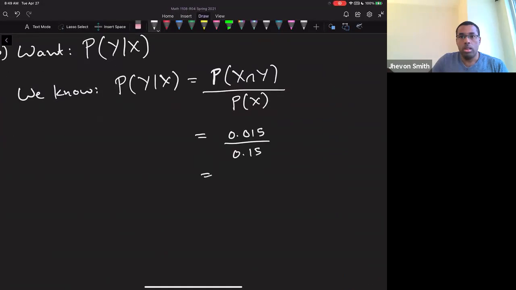So that's going to be what? Is that 0.1? Yeah, it's 0.1. So there's a 10% chance that if a student got an A in 1108, they will get an A in 1109, according to these made up numbers.